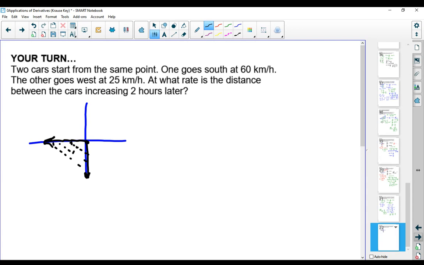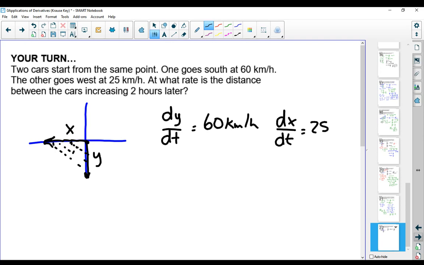So we have our rates that we're given. We're given x and y. dy/dt relates to south, so south is 60 kilometers per hour. And dx/dt is our west, and that's 25 kilometers per hour.